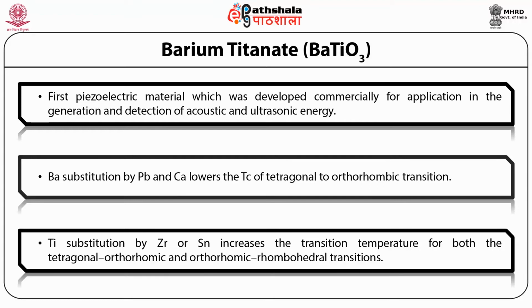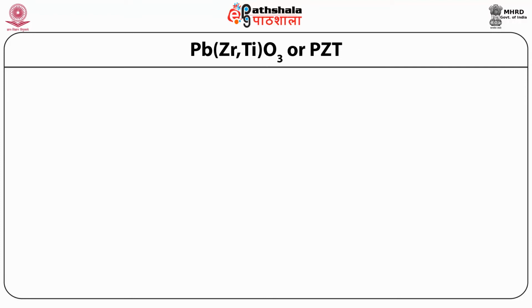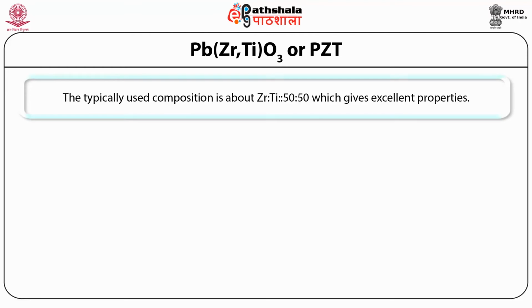The titanium substitution by 1 to 2 atomic percent Co3+ leads to much reduced losses at high fields, which is useful in ultrasonic applications. Care must be taken during processing to avoid the reduction of cobalt Co3+ to Co2+, which occurs very easily.